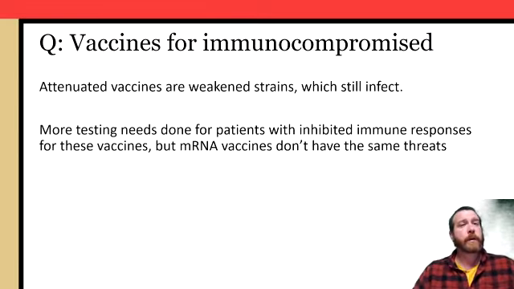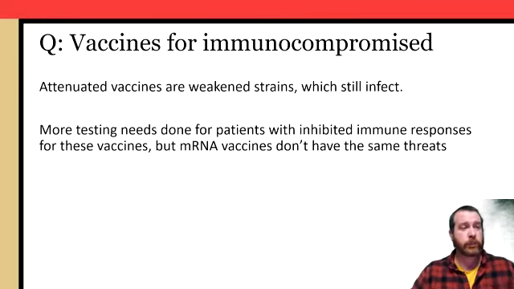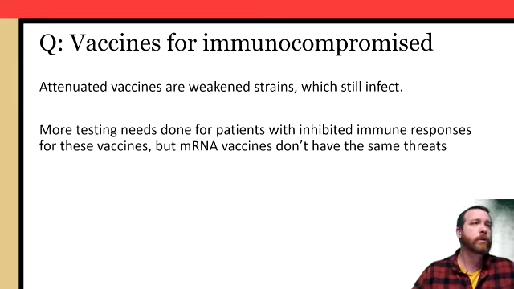Someone that's immunocompromised, they have SCID, severe combined immunodeficiency syndromes, or HIV, that kind of thing. The general rule is dead vaccine, they can take it, but weakened vaccine, you wouldn't want to give that to somebody immunocompromised because you might have issues with their immune system not being able to produce an adequate response.